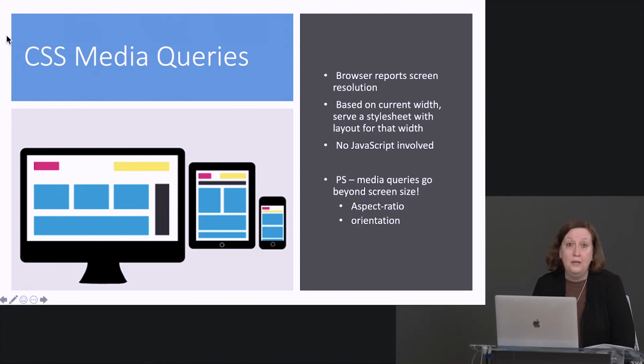You can do aspect ratios. And you could do a print media query because, after all, media query is actually all about the media. So you can ask if you're just trying to print out something as opposed to putting it on the screen. So keep that in mind as you work with media queries. They don't all have to be screen widths.